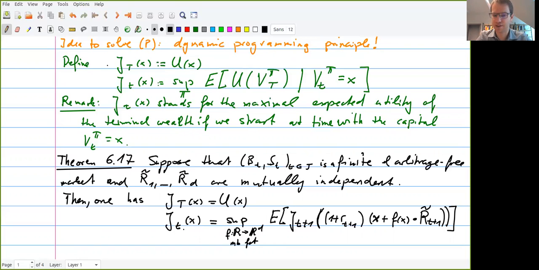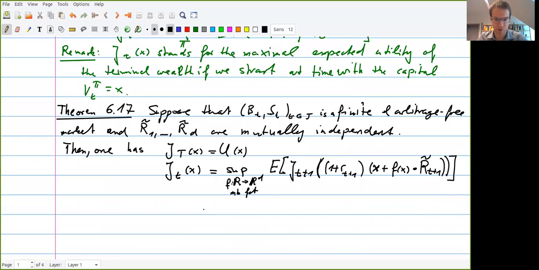And here you start at time t and you want just to maximize over the next period, the period t+1. And your new target function is just J_{t+1}. This is the guide. Let me write the theorem and then I comment a bit more on this.